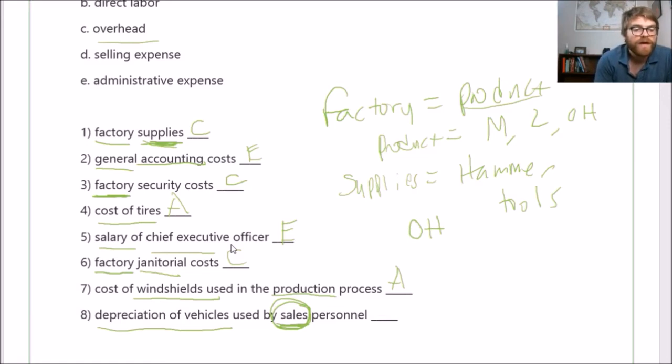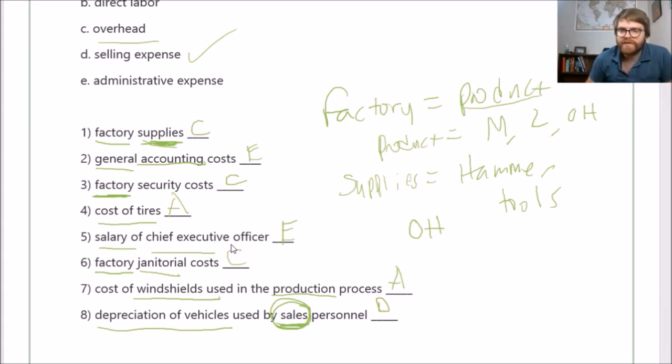However, depreciation of vehicles used by the sales guys are not in the factory. They're outside the factory. So it's not going to be a material, labor, or overhead. They call that a selling expense, right? Because those sales guys, they need to be there to sell those cars, right? They're not building the car, but they're necessary to sell them. So depreciation related to those sales guys, it's called a selling expense.